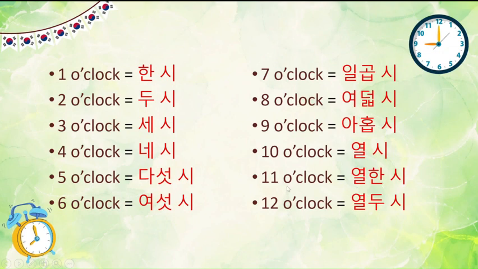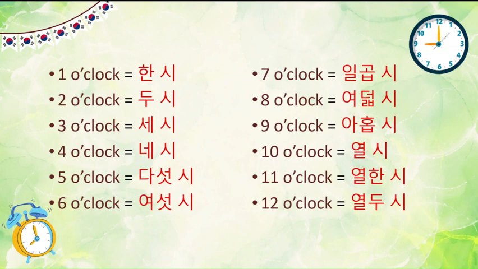So 11 o'clock is 열한시 and 12 is 열두시. Okay, you can see that because it is a pure Korean number, 하나 becomes 한, and 둘 becomes 두. Okay, so this is how you tell time, specifically hours, while looking at a clock.